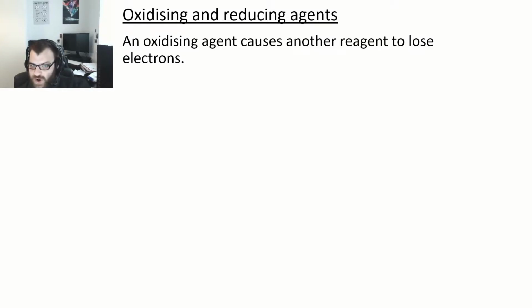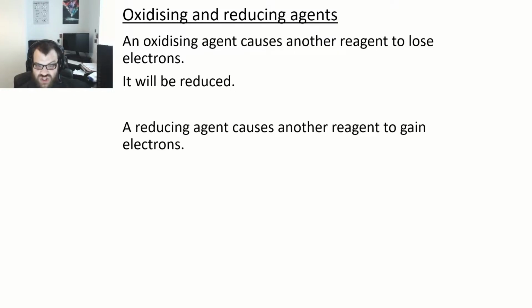It causes oxidation to happen. The oxidizing agent itself will gain the electrons from the other chemical. Therefore, it itself will be reduced. A reducing agent causes things to gain electrons, so it causes reductions to happen, and it itself will be oxidized, it will lose electrons.